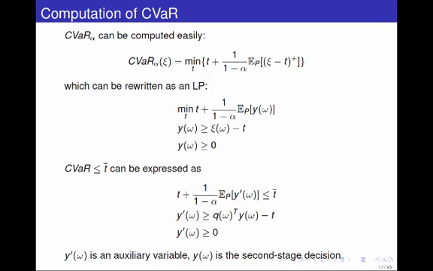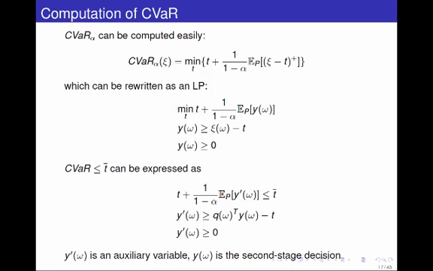If you only have a discrete set of things that could happen, what does this look like? Just a summation. So then what is this? It's an LP, just a linear program.